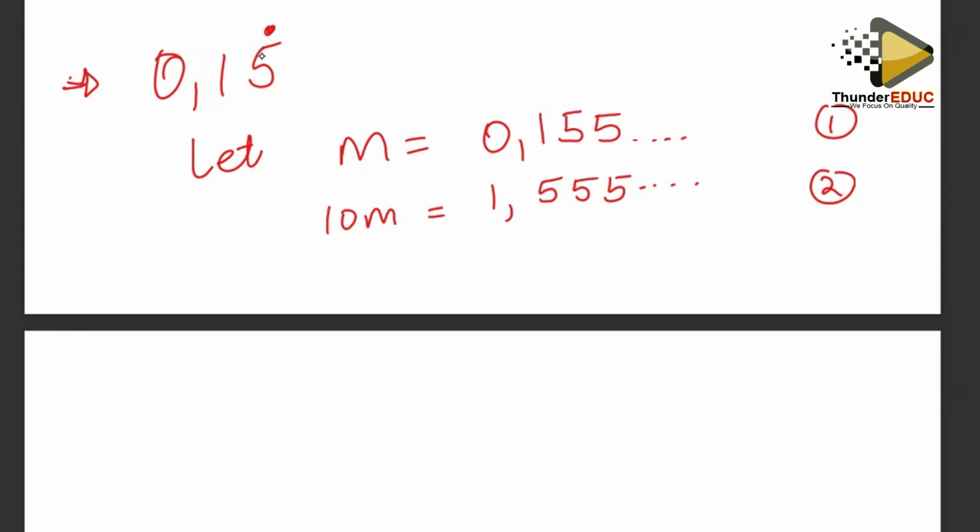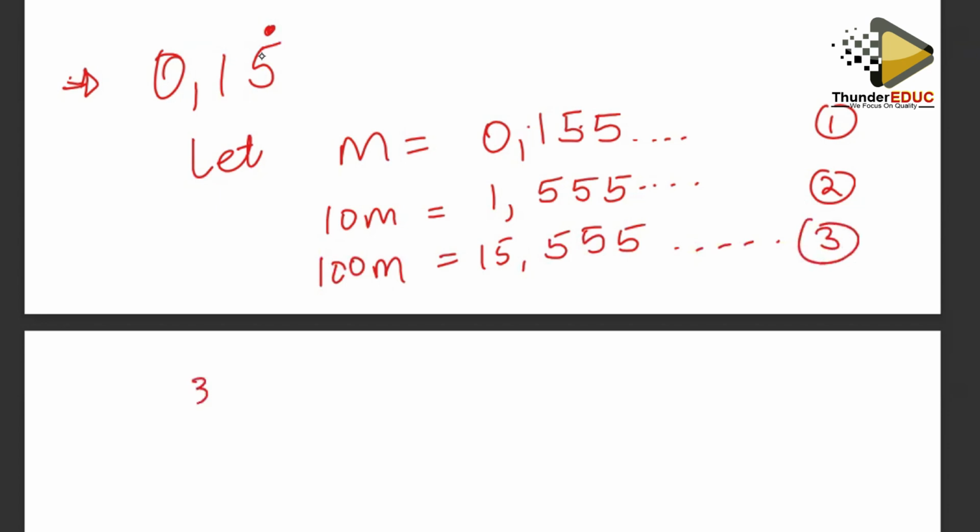So for me to cover a digit that's repeating, I'm going to move 2 steps. So it's going to be 1 and 2. So from the original equation, I'll multiply it by 100. So that's going to be 100M. This is going to be 15, 5, 5, and 5. 3 numbers after the comma throughout. This is equation number 3.